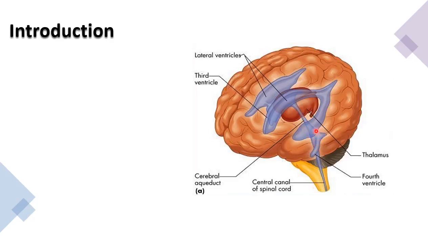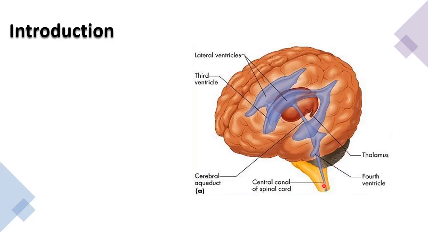The roof, floor, lateral recess and median dorsal recess of the fourth ventricle we have discussed in detail, and it continues downwards as the central canal of the spinal cord.